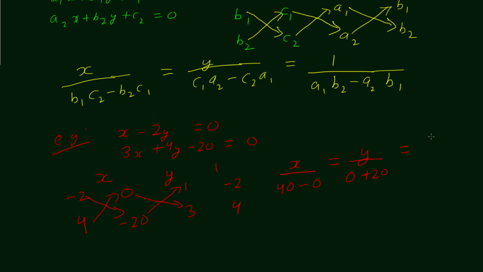And this will be equal to 1 divided by 1 multiplied by 4 is 4, minus minus 6. So 4 plus 6 will be 10. And therefore now we have x is equal to 40 by 10, or equal to 4, and we have y as 20 by 10, equal to 2. So 4 comma 2 is the solution for this.